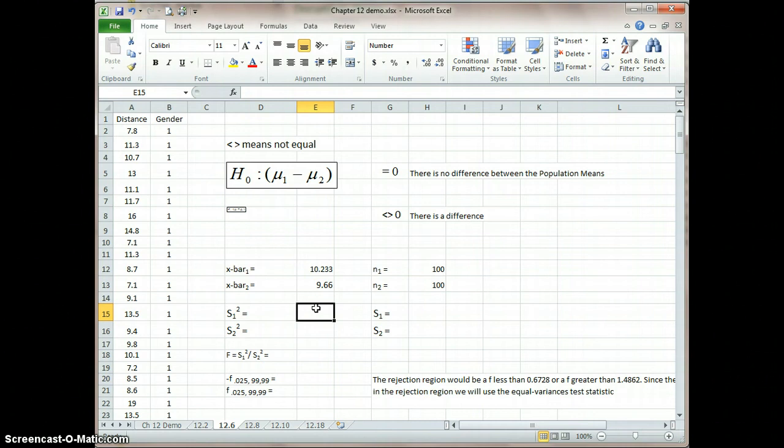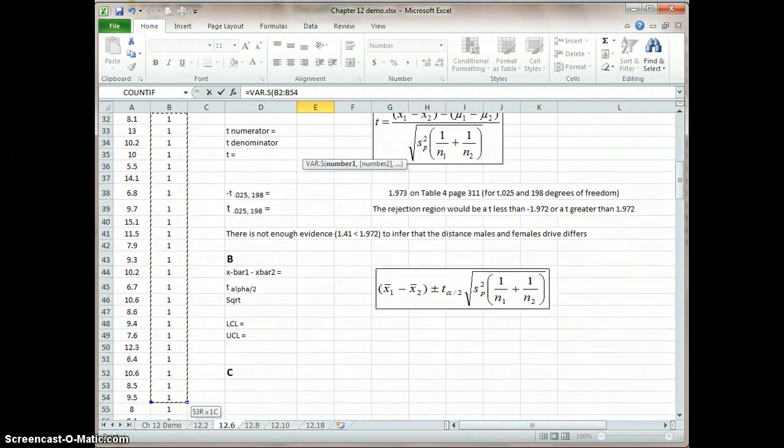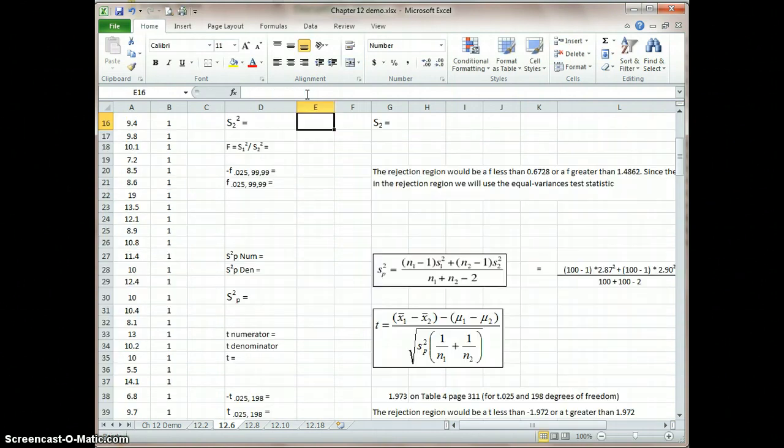Now you see it's ones all the way down, and I can go right over here, and again it's a variance of a sample, so it's going to be equals VAR, and now we'll click and drag, and we're going to go down just all the ones, so from B2 down to B101, and after we've done that, we can close the parenthesis.